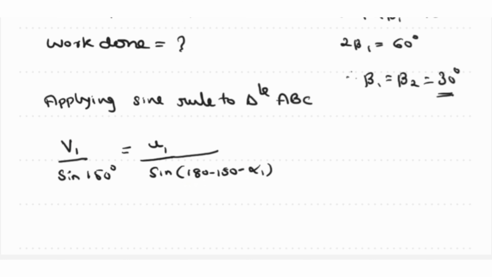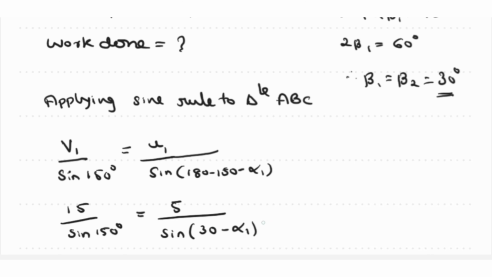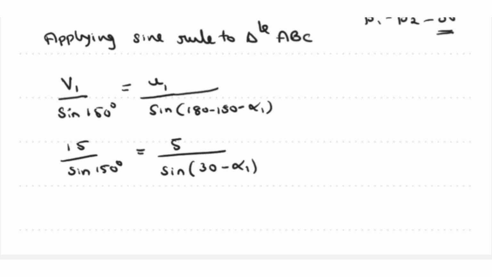V1 is equal to 15 meter per second, sine of 150 degrees is equal to U1, which is 5 meter per second, sine of 180 minus 150, which is 30 degrees, minus alpha 1. So you have to solve this.